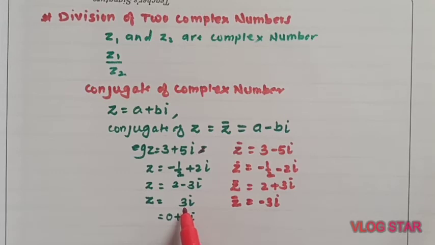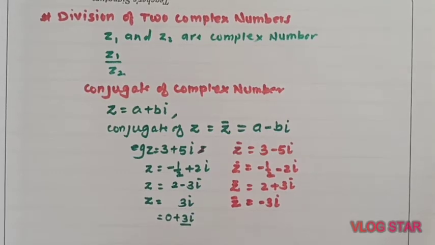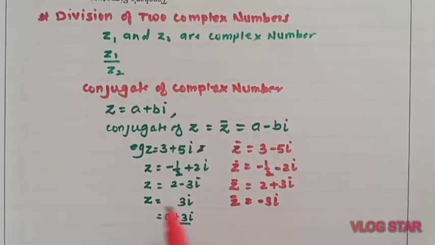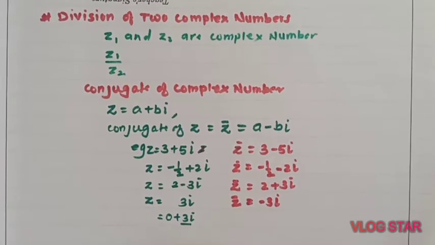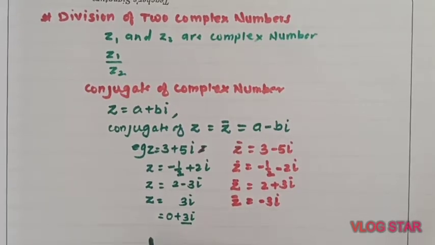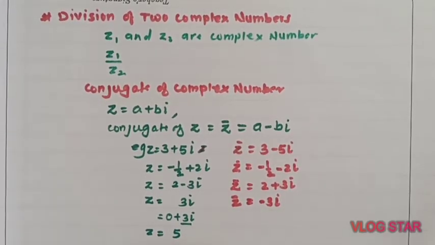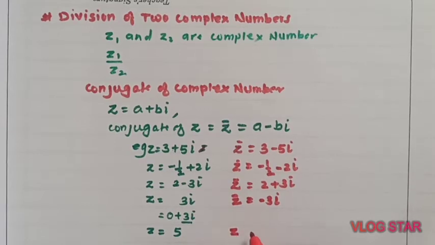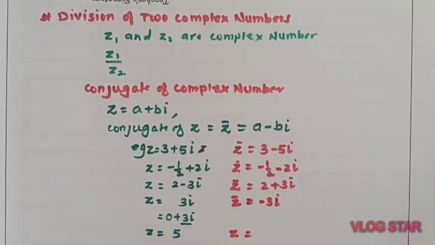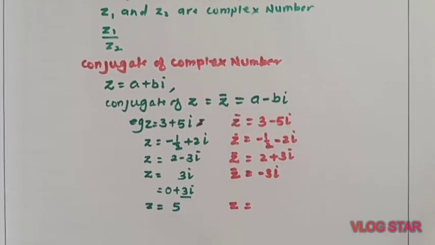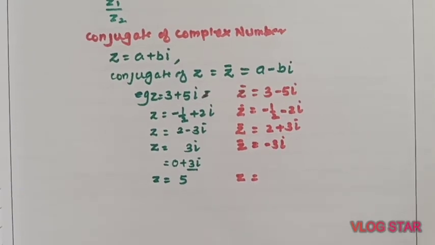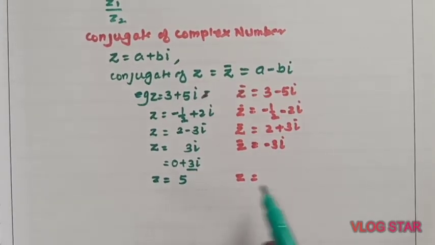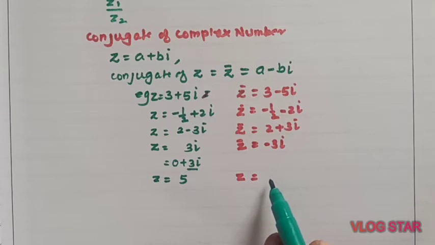Make sure to be careful at this stage. Whenever there is only an imaginary part, change the sign of that, there is no real part. Sometimes you will get only a real part, suppose only 5, and in this case you want to write its conjugate. It's not a difficult task. By confusion or misunderstanding, you may write the answer negative 5. That is not right.